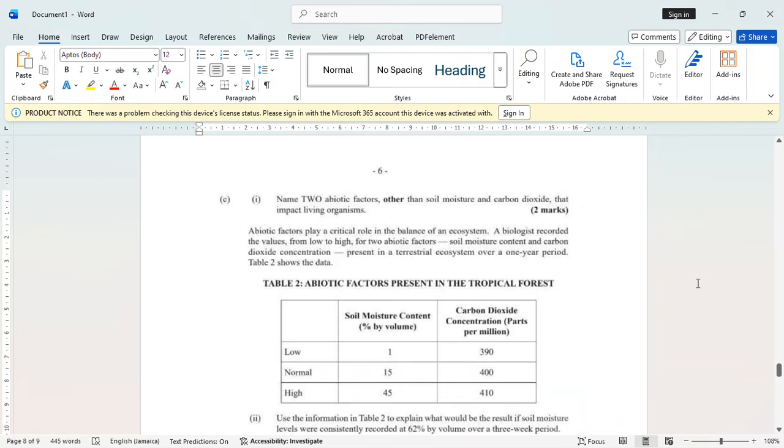So this question says, name 2 abiotic factors other than soil moisture and carbon dioxide that impact living organisms. So pH, what else?